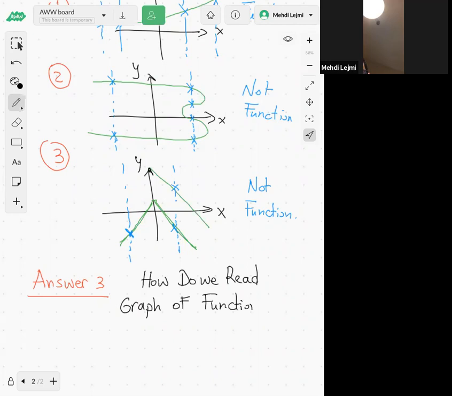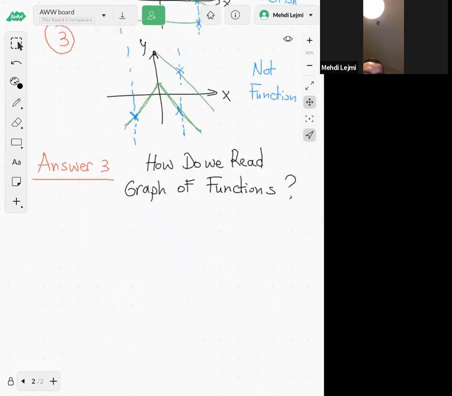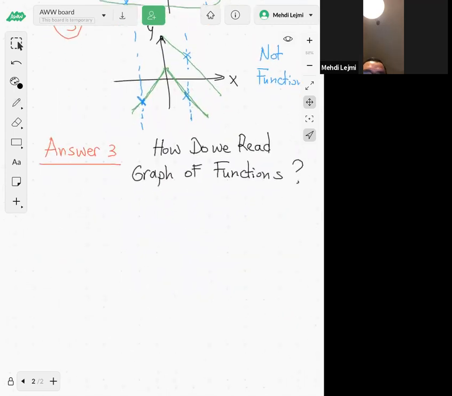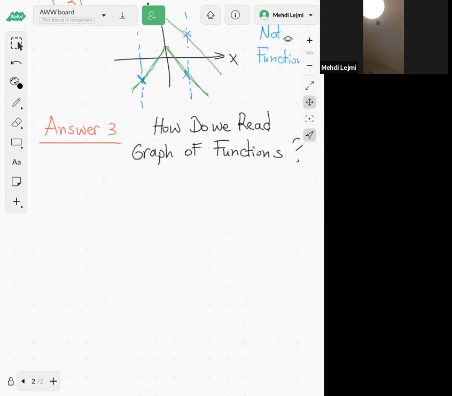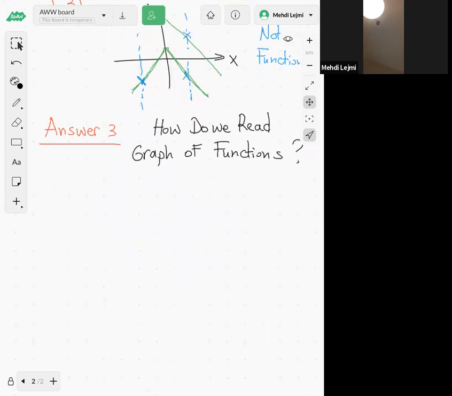Now I'm going to suppose that I have the graph of a function, which means that the graph passes the vertical line test, and we're going to see how we read the graph of functions. So here's an example.